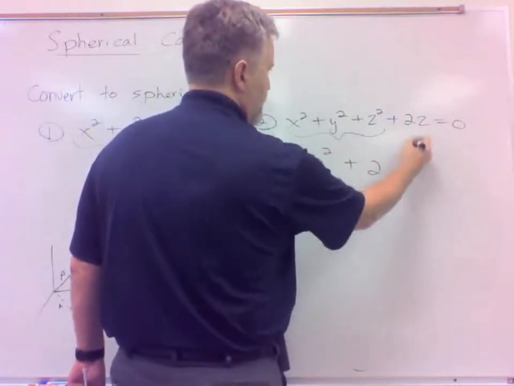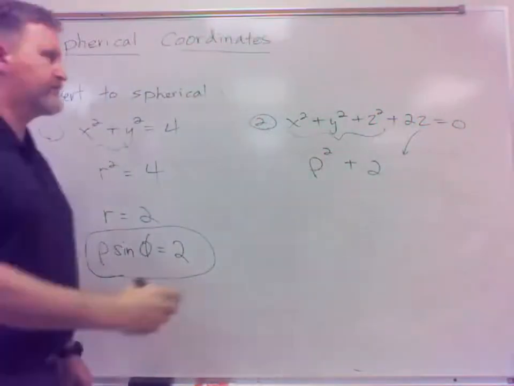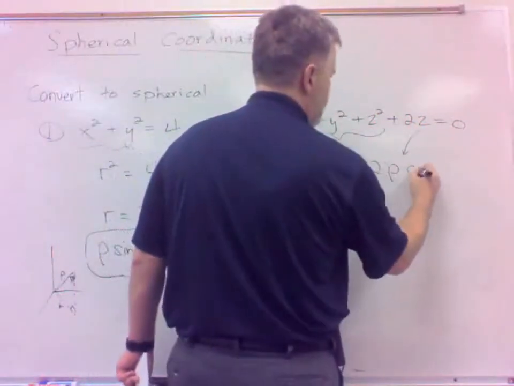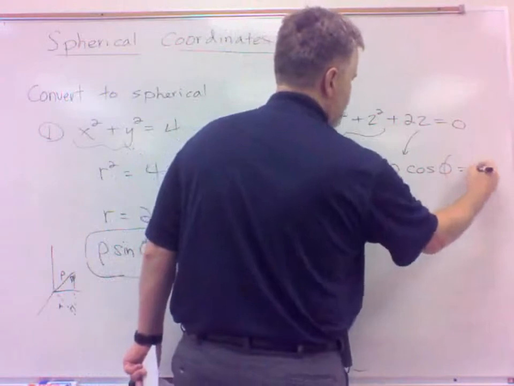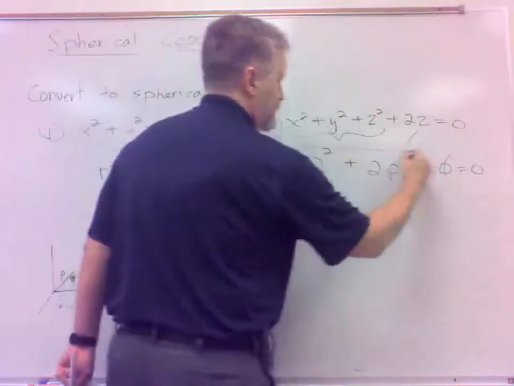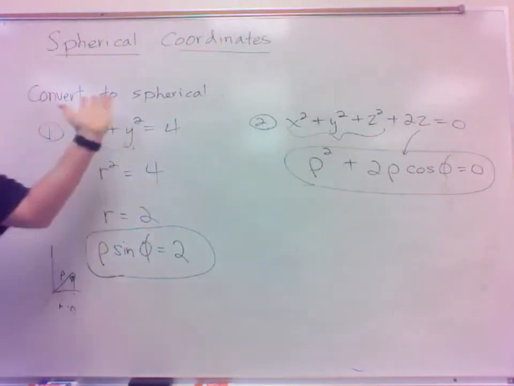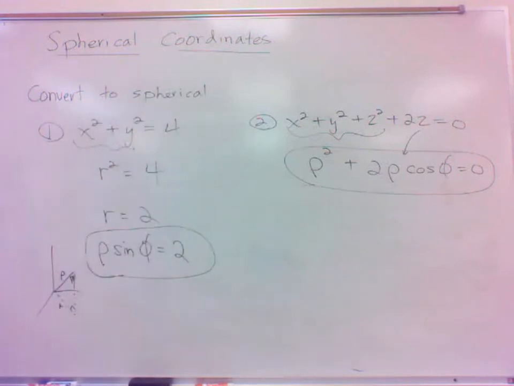And then the only other thing we need to convert is the z. Well, we know z is rho cosine phi. This is actually maybe an easier one than the first one. So in spherical coordinates, that would be the equation of that, which is going to be a sphere shifted a little bit.